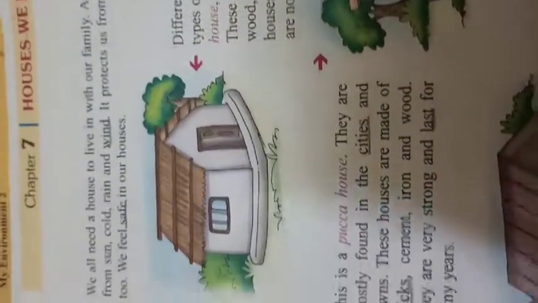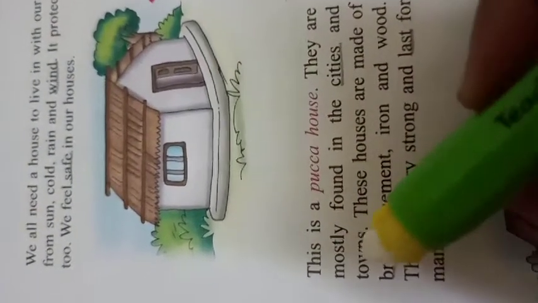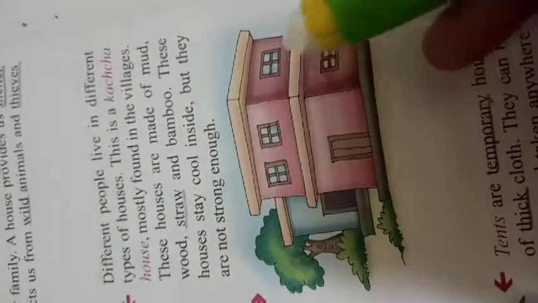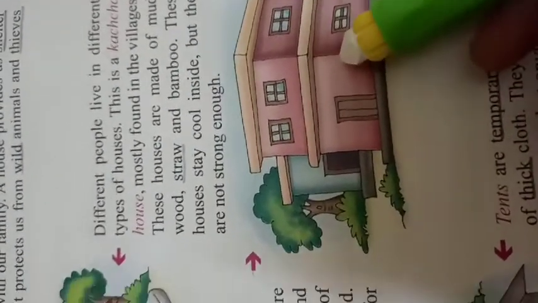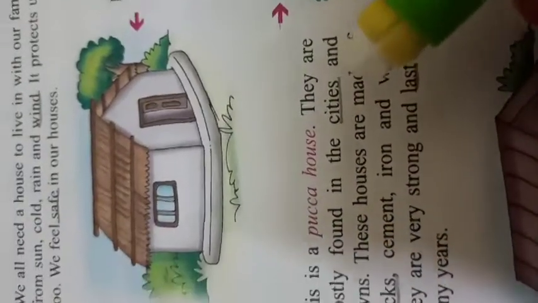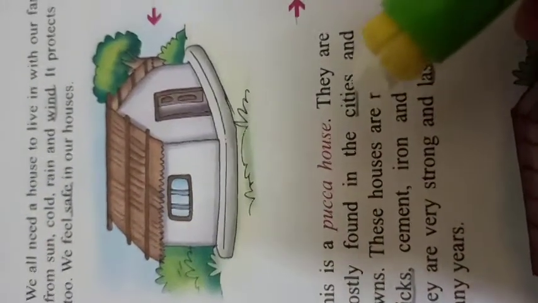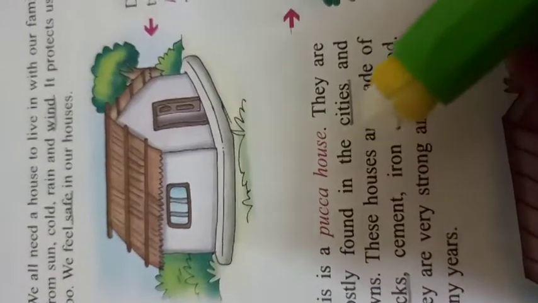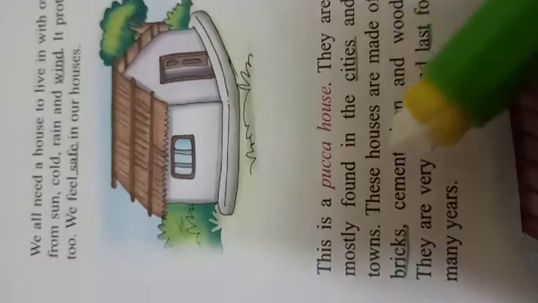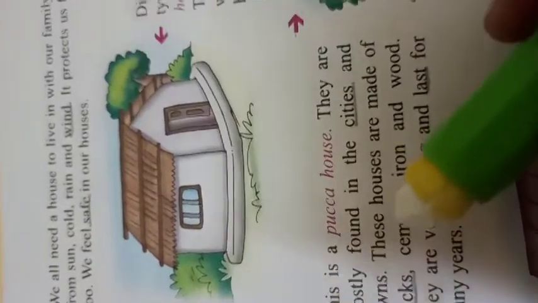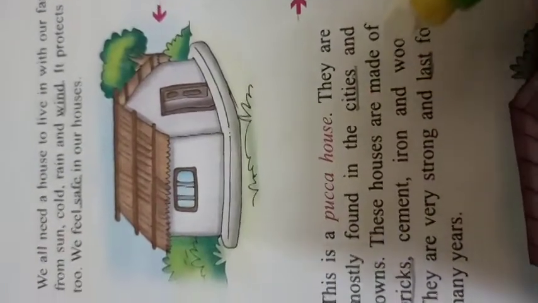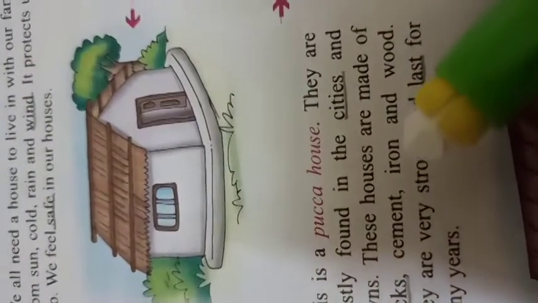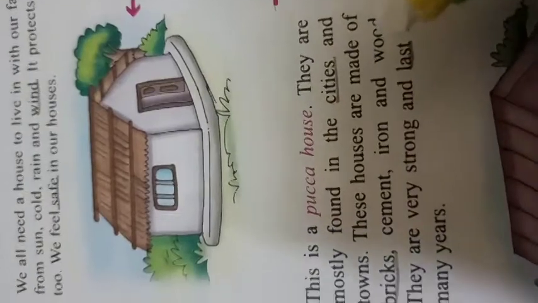After this, see, this is a pakka house. They are talking about this building, this house. Just like our house, we are also living in a pakka house. They are mostly found in the cities and towns. These houses are made of bricks, cement, iron and wood.